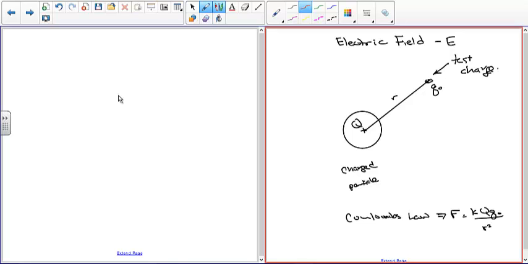calculating a force, we're going to calculate a force per unit charge. So we have what we call this test particle, which is always positive, and it's really small. Basically it's like, I'm there, but I'm so small that I'm not going to affect anything over here.